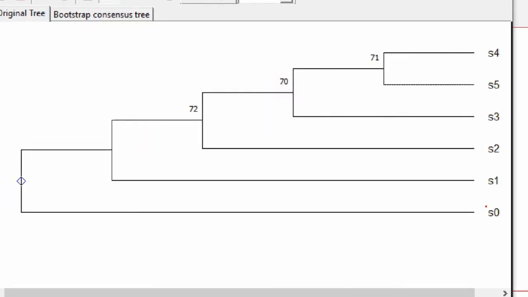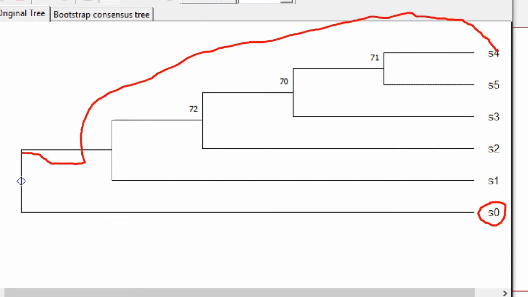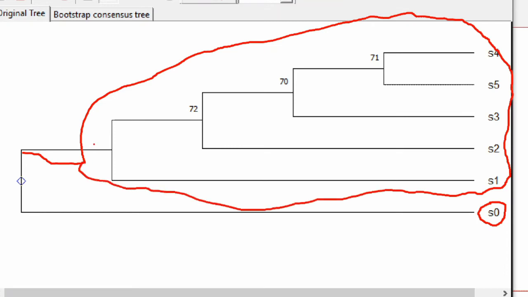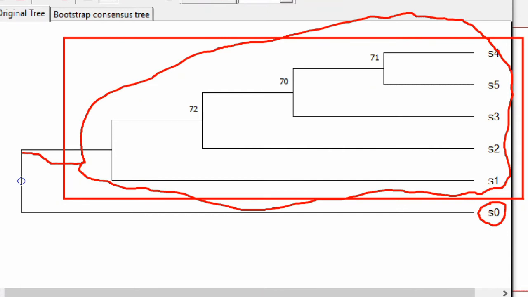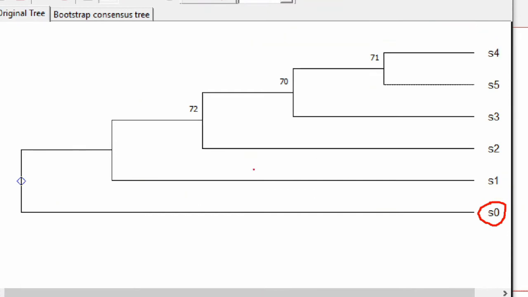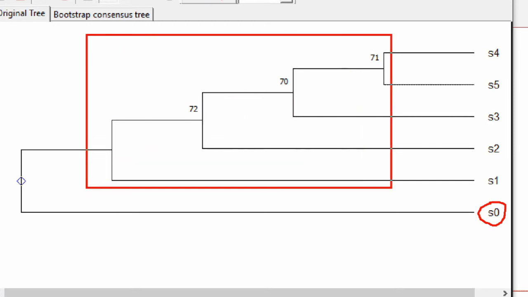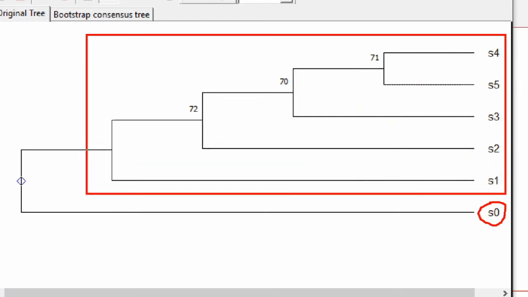Here we are. So this is our seeding sequence. From it, all the other sequences in here were produced by substitutions. Let's select them like this.